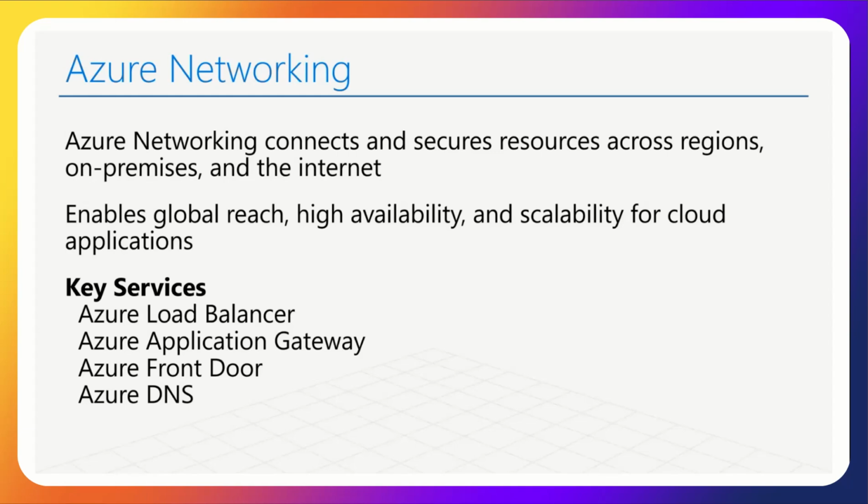Some key services we'll look at, not necessarily all of these, or maybe more, depending on time, are load balancers, application gateway, front door, and Azure DNS. Another one I didn't list is, of course, Azure Virtual Networks.